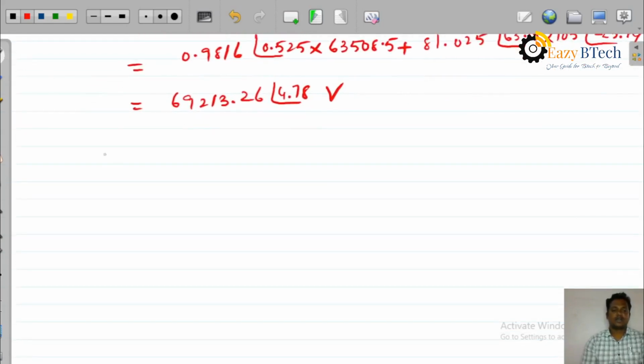Now sending end current Is equals CVR plus DIR.